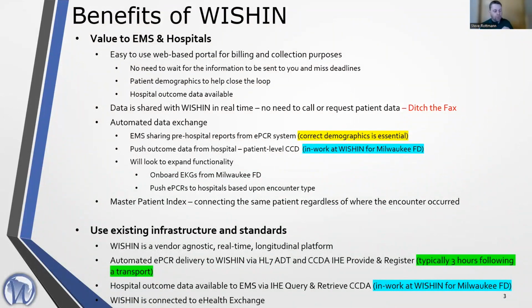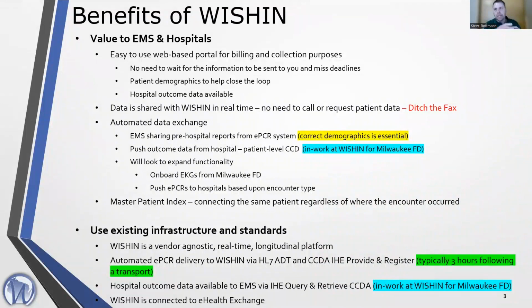So today with Milwaukee Fire and their vendor ImageTrend, Wishin receives the EMS pre-hospital reports, or EPCR reports, directly from ImageTrend by way of an HL7 ADT, followed by a CCDA using IHE's provide and register protocols.